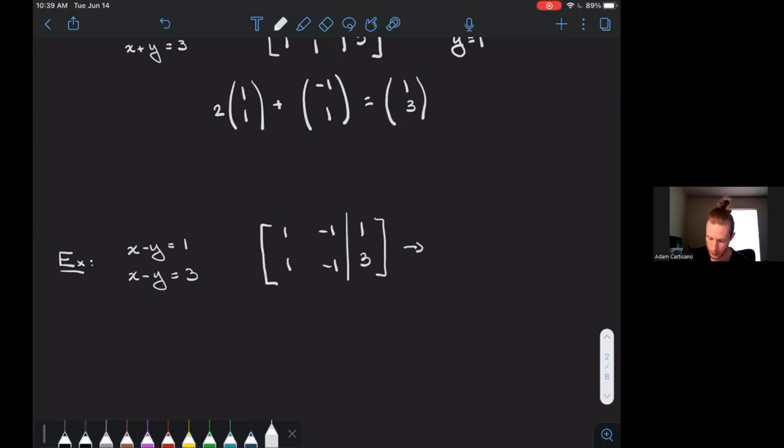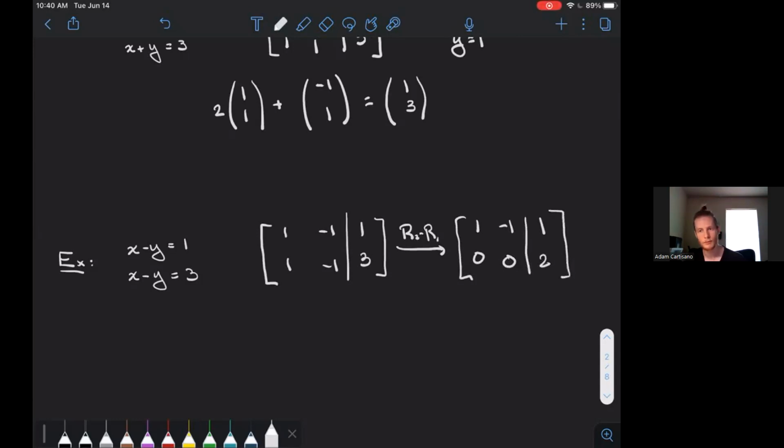If you row reduce this matrix, you just subtract row 1 from row 2. We have notation for that. Row 2 minus row 1 just gives 1, -1, 1 on top, and on bottom, 0, 0, 2.